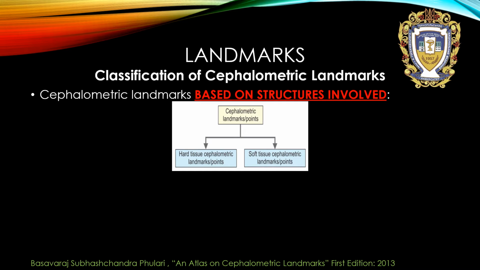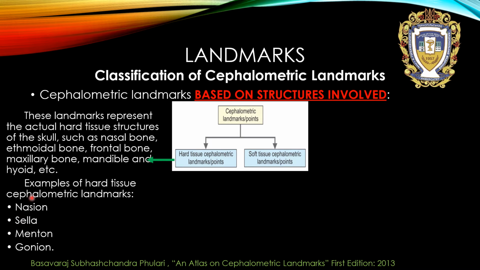Hard tissue cephalometric landmarks and points represent the actual hard tissue structures of the skull, such as nasal bone, ethmoidal bone, frontal bone, maxillary bone, mandible and hyoid, etc. Examples of hard tissue cephalometric landmarks are nasion, sella, menton, gonion, and others.